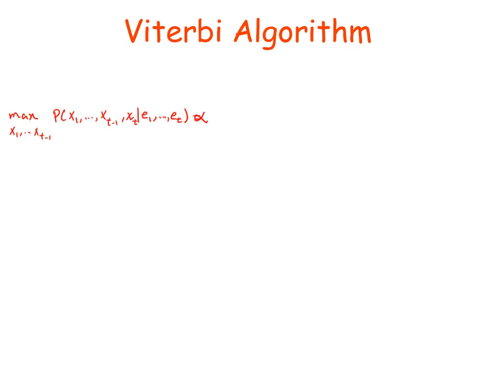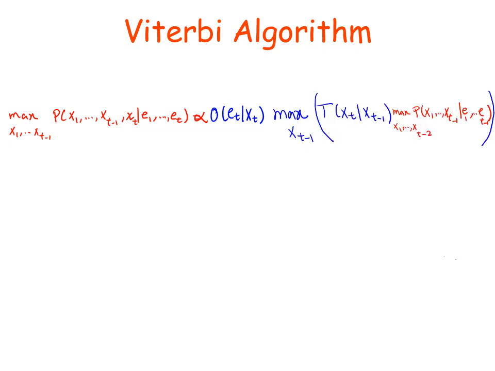The maximum probability of x1 to xt given all of the evidence e1 to et, where the maximization is over the states from x1 to xt minus 1, can be written as the observation probability of et given xt times a maximization over xt minus 1, where inside the maximization we have the transition probability of xt given xt minus 1 times the maximum probability of x1 to xt minus 1 given e1 to et minus 1, where the maximization is over x1 to xt minus 2.